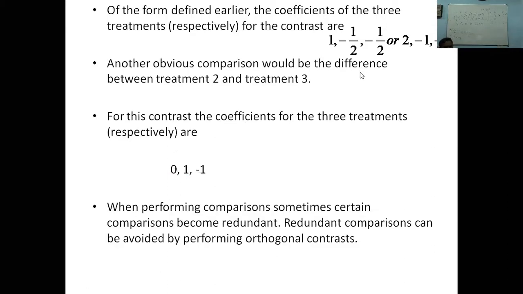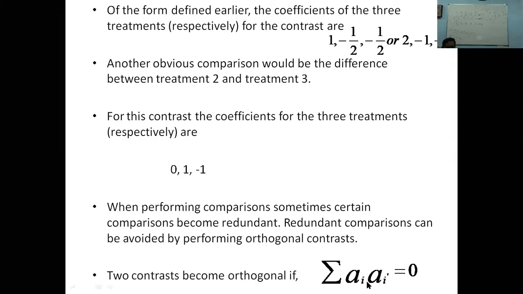When performing comparisons, sometimes a certain comparison becomes redundant. Redundant comparisons can be avoided by performing orthogonal contrasts. So for orthogonal contrasts, as I said, when you multiply the coefficients, the addition of the multiplication of coefficients should be equal to 0 at the end.